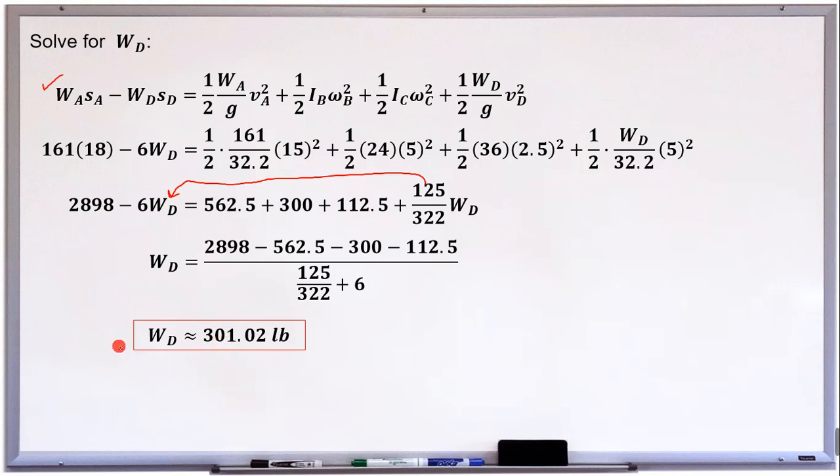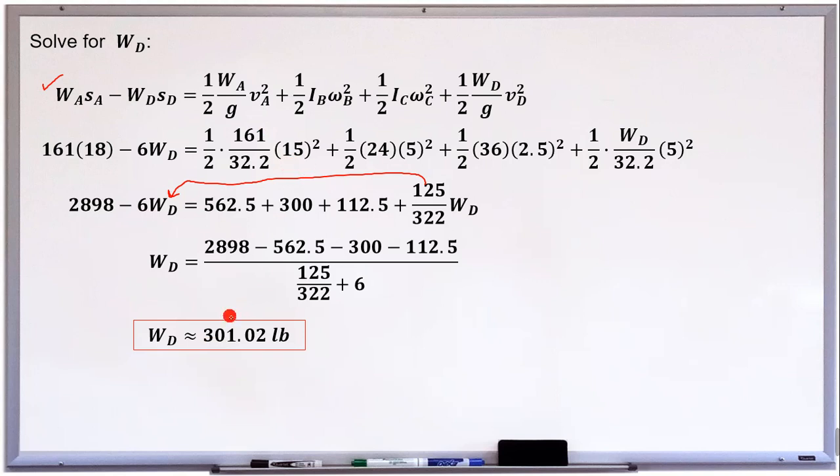So this is the weight that will cause a negative work on our multi-body system. If our block D is much less than this value, let's say around 100 pounds, the effect is that the final velocity of our block A will also increase, let's say higher than 15 feet per second.